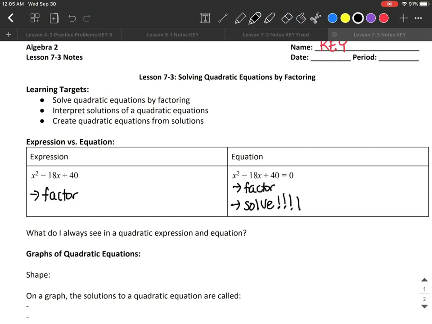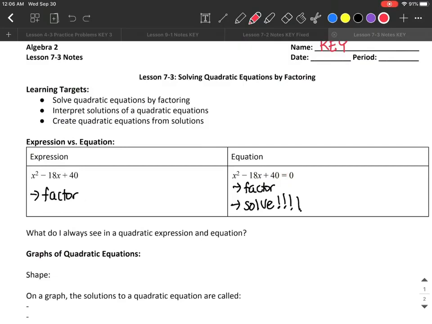How do I look at this thing and know that I want to solve it, not just factor it? I know because it has this equal sign. When I have an equation, and I know I have an equation when I see an equal sign, that tells me I don't just want to factor it, I want to get x by itself, I want to solve. When I have a variable and an equation, I want to solve.